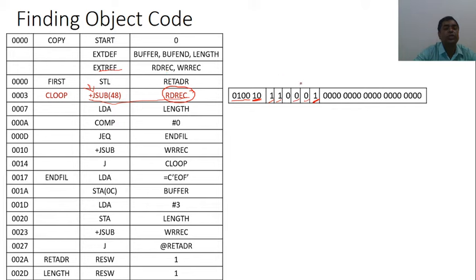So what will we do here? We will just fill the address with 0. That's why it is written as 0 0 0 0 0. So we write the address as 0, and in the modification record we will write that at this address, just add the value of RDREC.